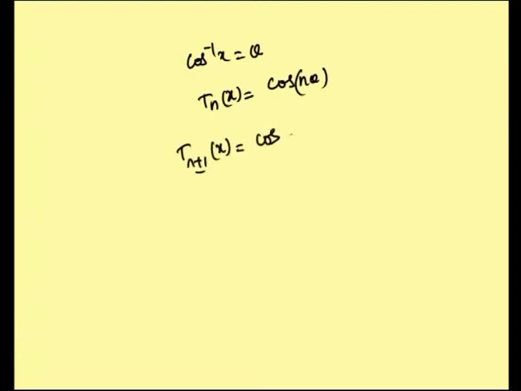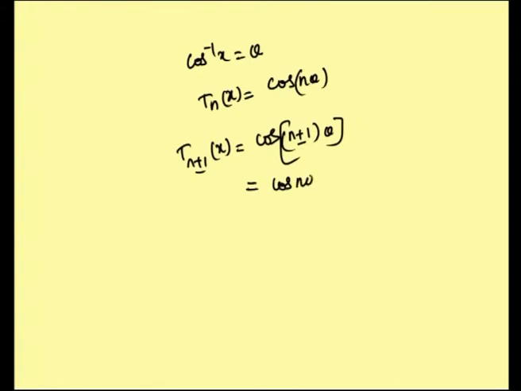Consider cos inverse of x equal to theta. Then Tn of x becomes cos of n theta, isn't it? And then T n plus 1 or T n minus 1 of x is nothing but cos of n plus or minus 1 times theta, isn't it? And according to the cos a plus b formula or cos a minus b formula, this is cos a cos b minus sin a sin b or cos a cos b plus sin a sin b respectively.